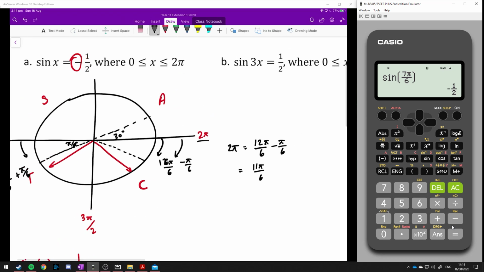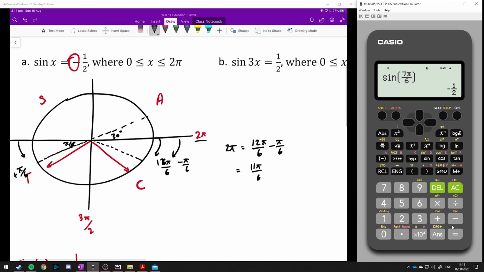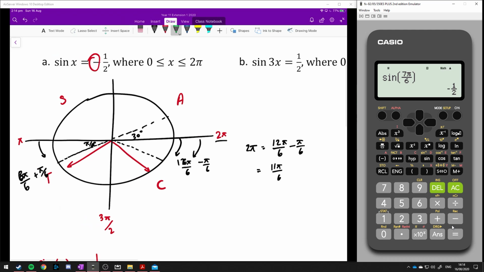Whereabouts is it positive? This time it's positive. We already know one spot where it's positive, up here, so it's pi on 6. We also know there's one over here, so it's minus pi on 6 in that regard.